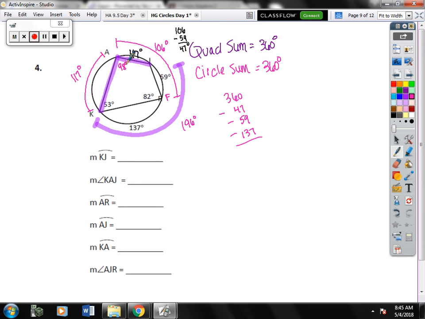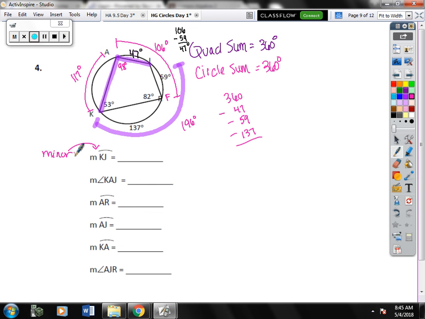So arc KJ would be from here to here. How big will arc KJ be? Also remember, some of you asked me in the past, how do I know which direction to go? If it has 2 letters, what does that tell you about the arc? What type is it? Minor or major?